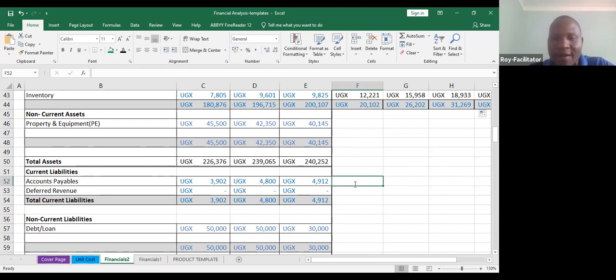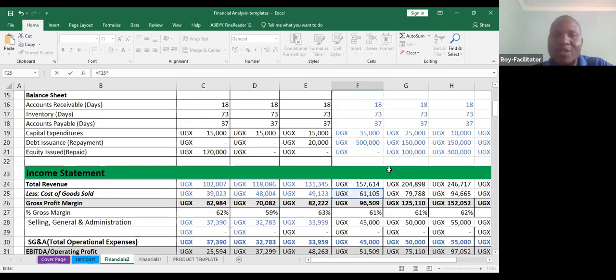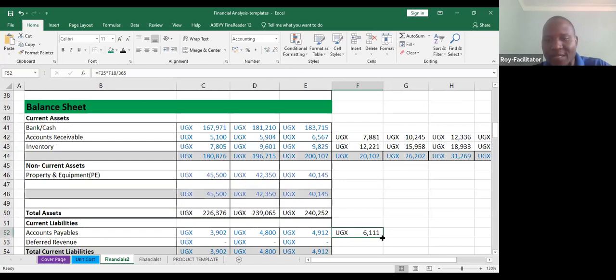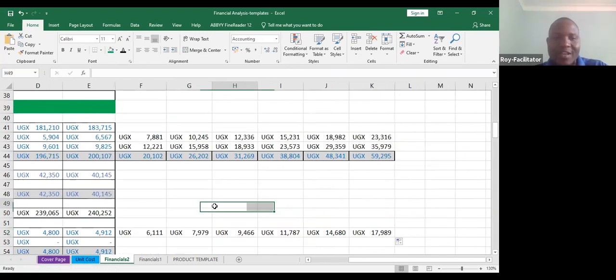So I'll take the cost of goods sold multiplied by the days it takes for me to pay, the average, divided by 365. So that comes to that. Then I will extrapolate the formula, and now we have receivables, payables, and inventory days.